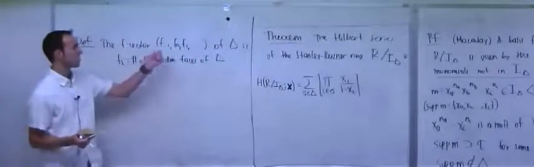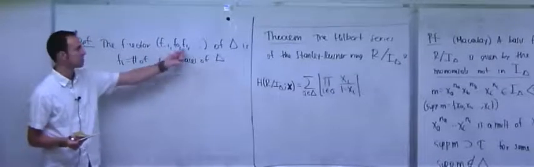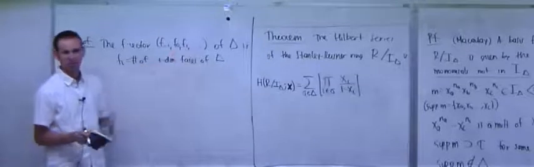So definitions, the F vector of delta gives me the number of i-dimensional faces of delta. Right? So I make a vector where I say I have one empty face, this many points, this many segments, this many triangles, etc.